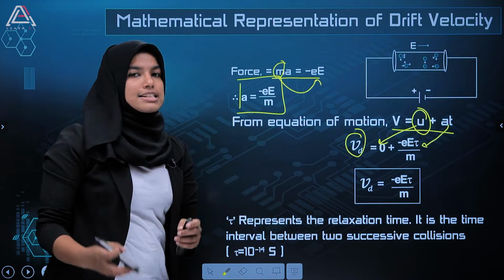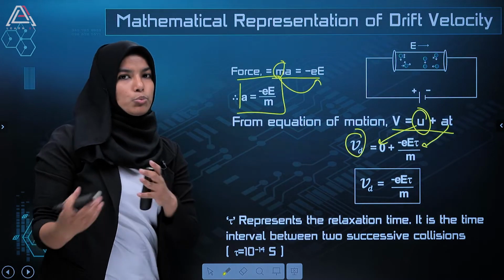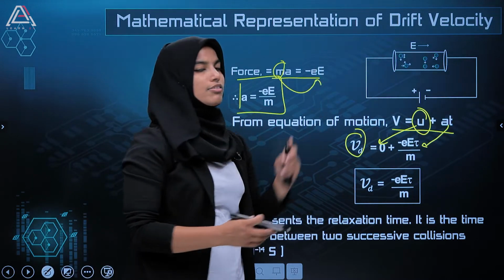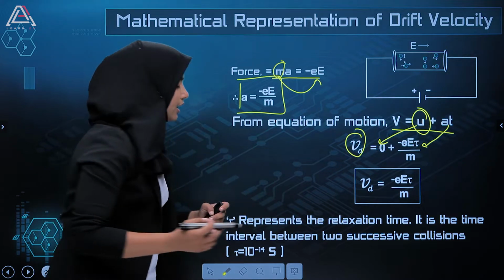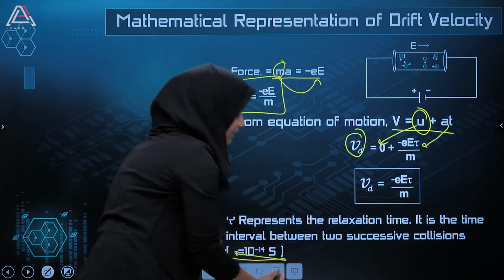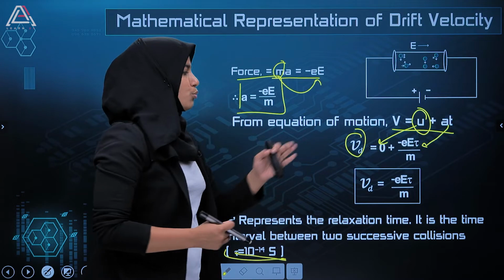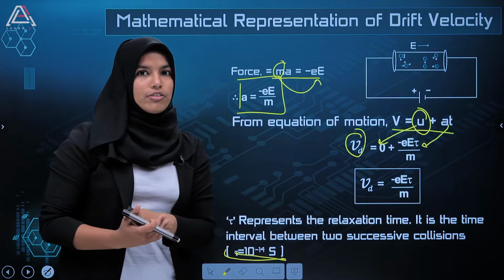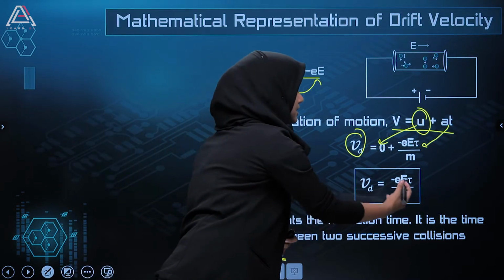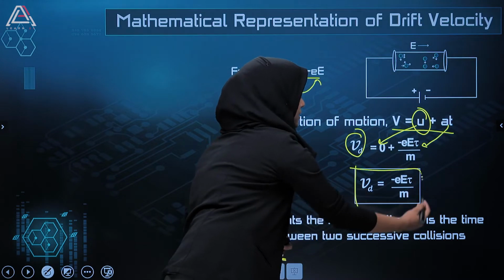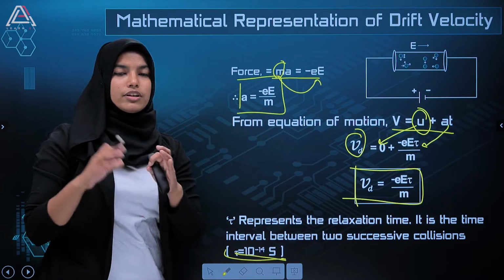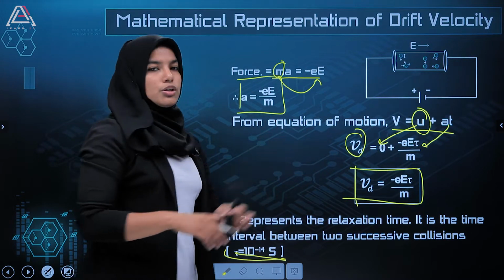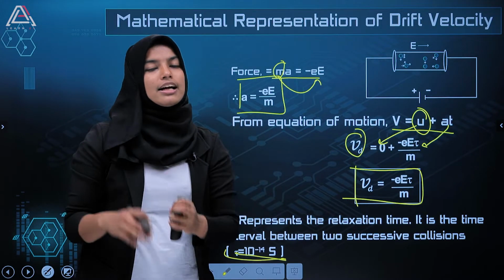Tau is the relaxation time. It is the time taken between two successive collisions of the electron, and it is calculated to be 10 raised to minus 14 seconds. So we got the expression for drift velocity as minus eE tau by m.